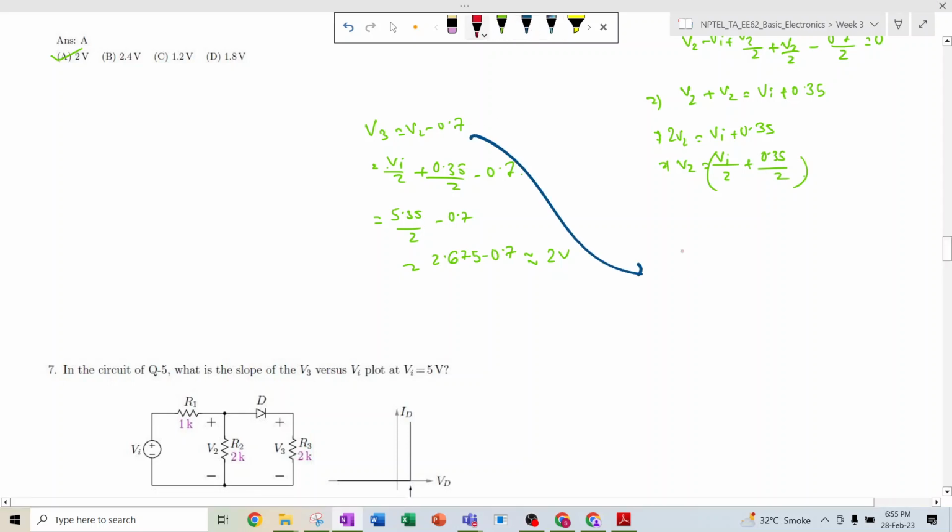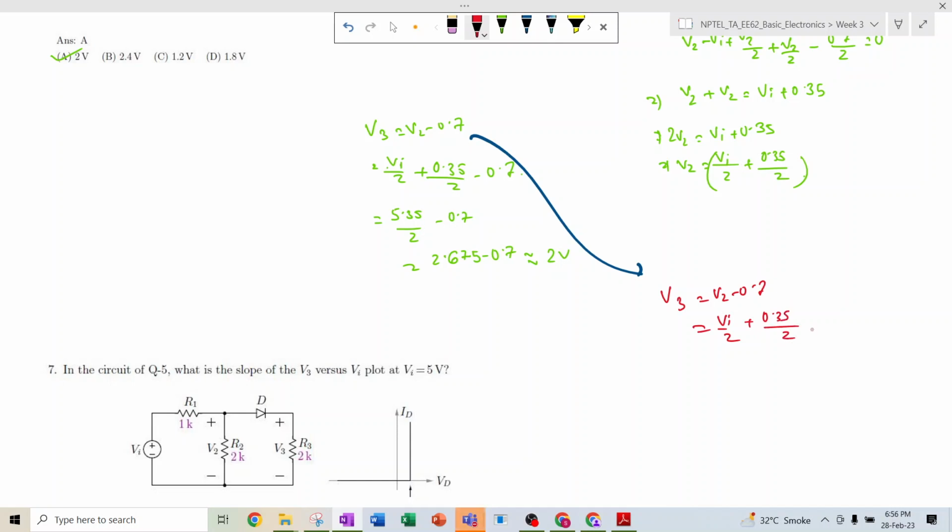So V3 is V2 minus 0.7, which is Vi by 2 plus 0.35 by 2 minus 0.7. So Vi by 2 plus some constant, right?